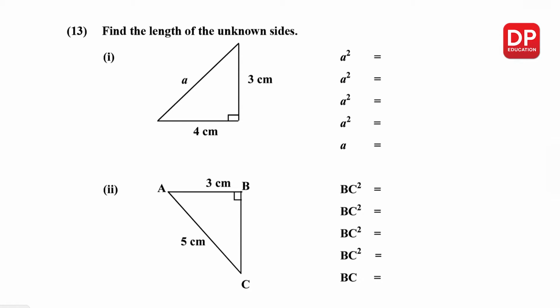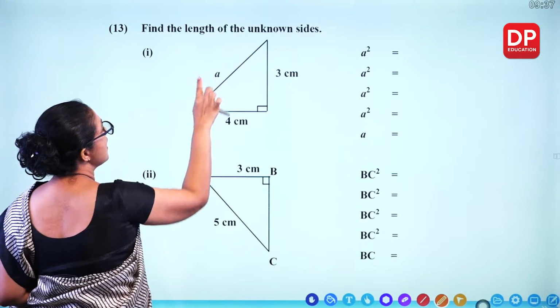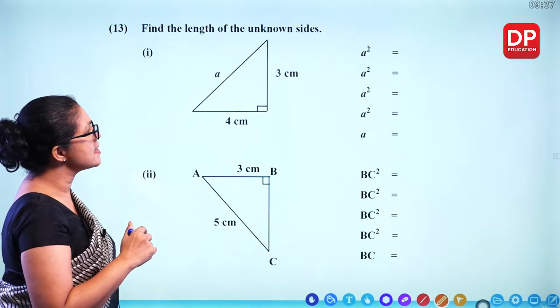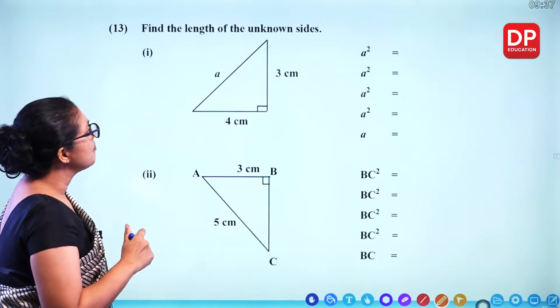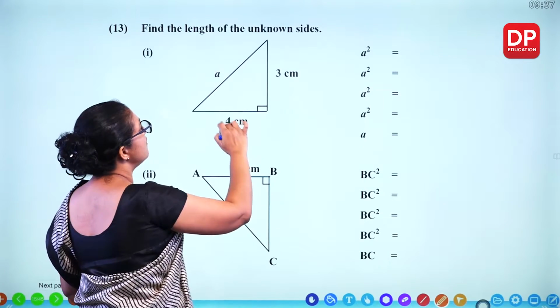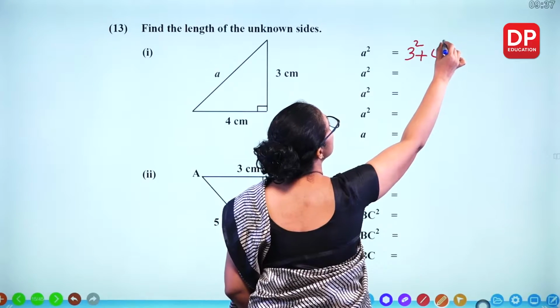Find the length of the unknown sides. Now you have been given the hypotenuse as A. The other two sides are 4 centimeters and 3 centimeters. Now apply the Pythagoras theorem. What is A squared? We can write 3 squared plus 4 squared.